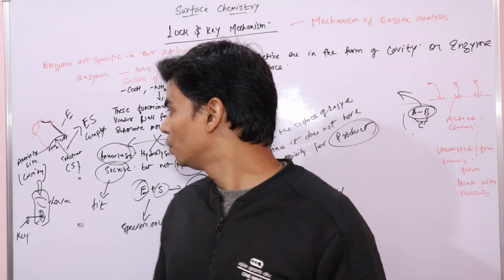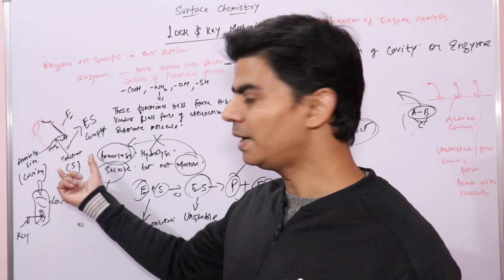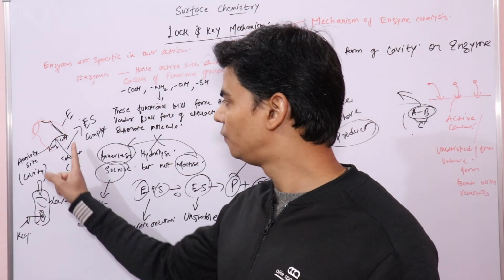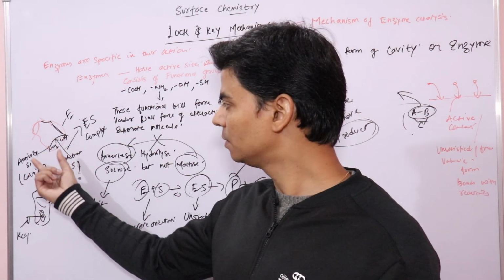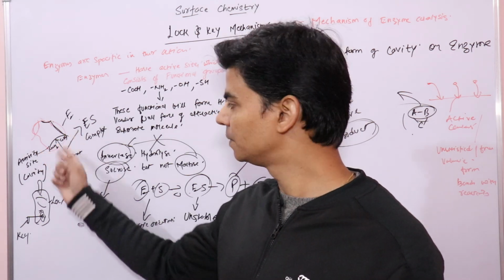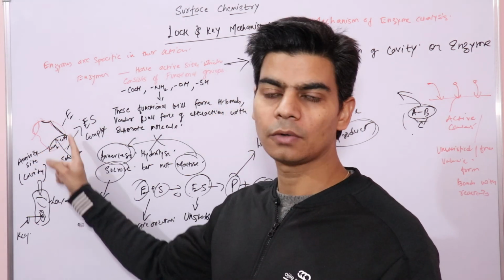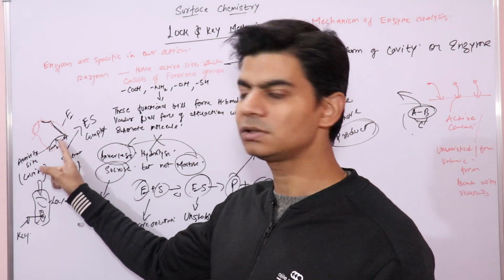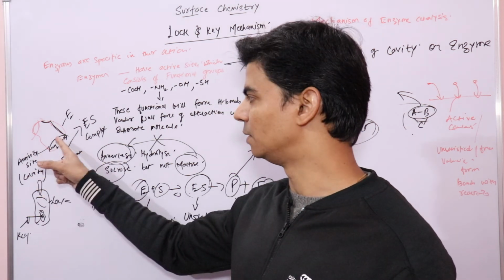So the substrate molecule, when in proper orientation, will fit into the cavity, which is nothing but an active site, forming hydrogen bonds or van der Waals forces of attraction with the functional groups inside the cavity, right?